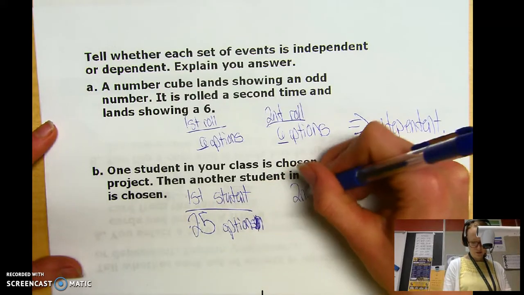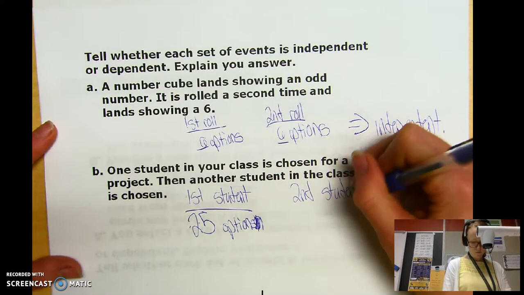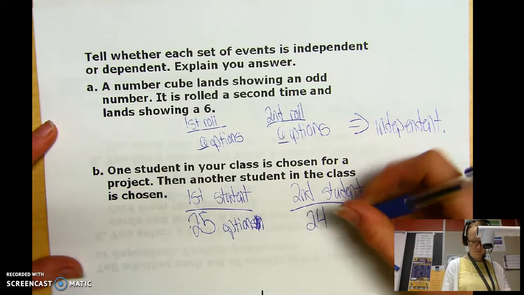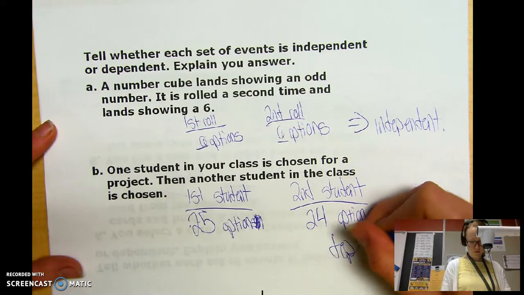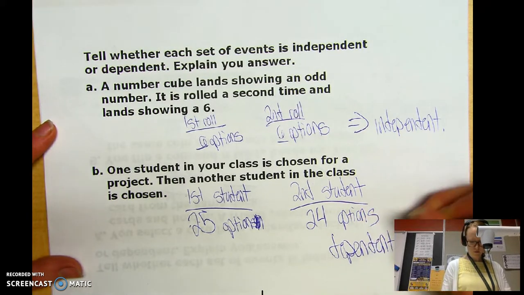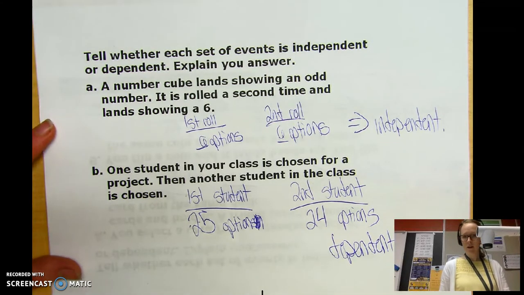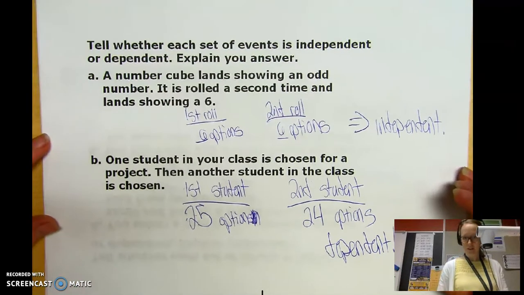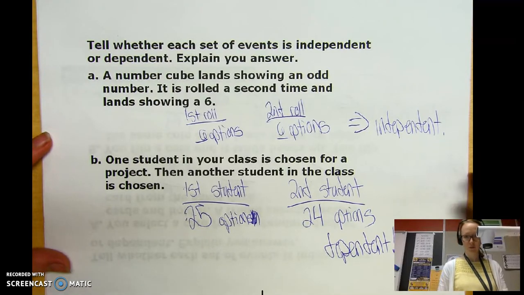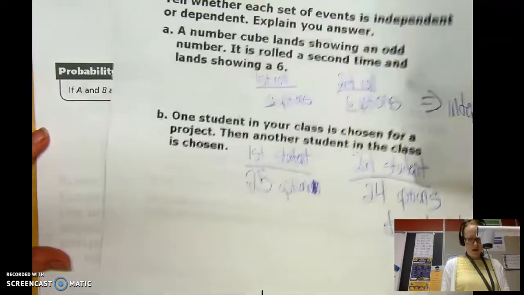So when I choose a second student, I only have 24 left to choose from. So this would be dependent. Hopefully that makes sense. If not, you can look up some of this stuff online on the Khan Academy videos that I've attached for you. Okay. Moving on.